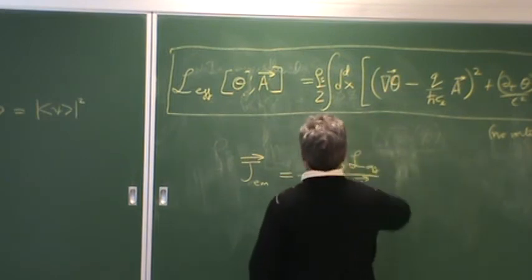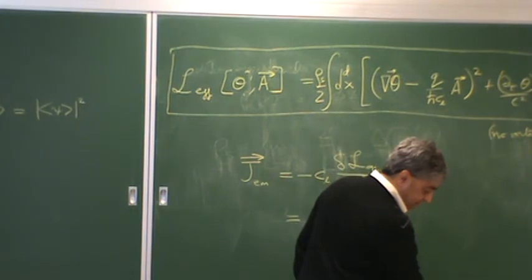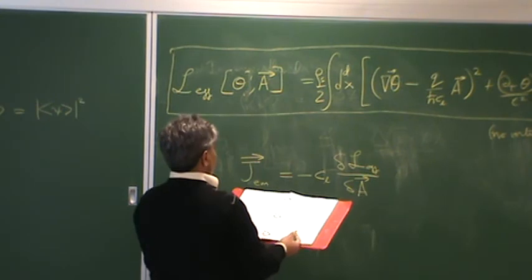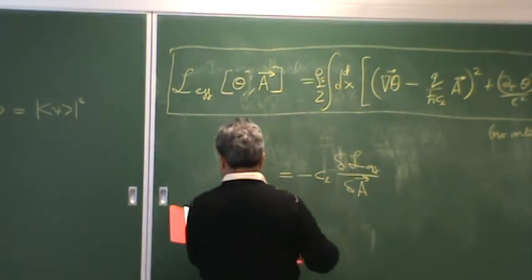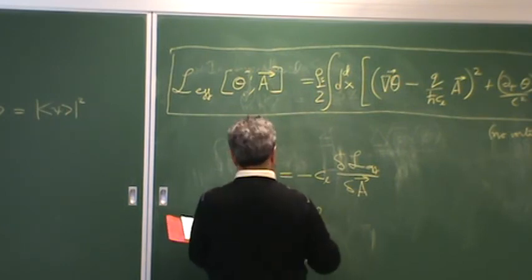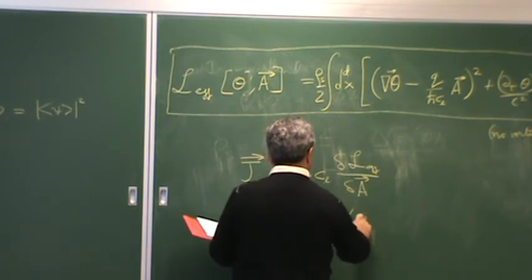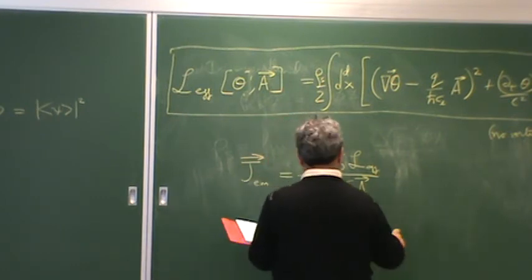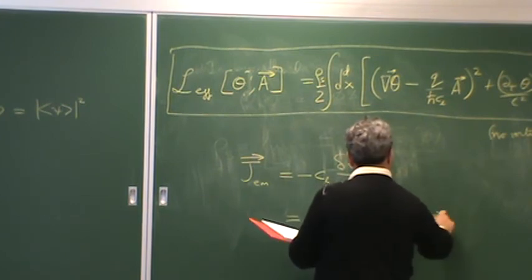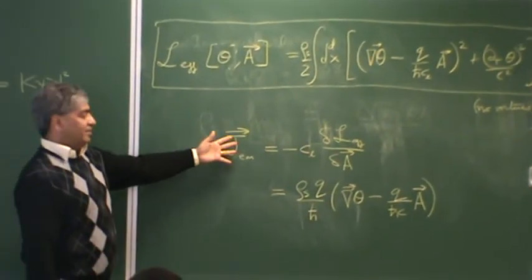And so in this case, I can take this derivative, and without any arbitrariness my current is then equal to... Hopefully I got all the factors right here. It's rho s, oh, where's the h bar? Oh yeah, that's q over h bar, grad theta minus q over h bar c A. So the electromagnetic current is a gauge invariant quantity.